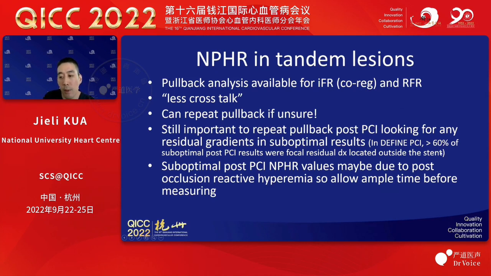So despite what the co-registration system promises, you should know that you can still miss focal lesions even by performing the co-registration pullback. One thing to note also is that post-PCI, I do find that the NHPR value sometimes does not change that much, and it's actually due to this phenomenon called post-occlusion reactive hyperemia.